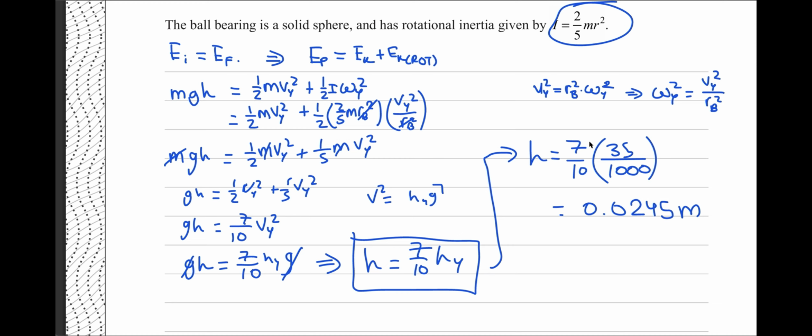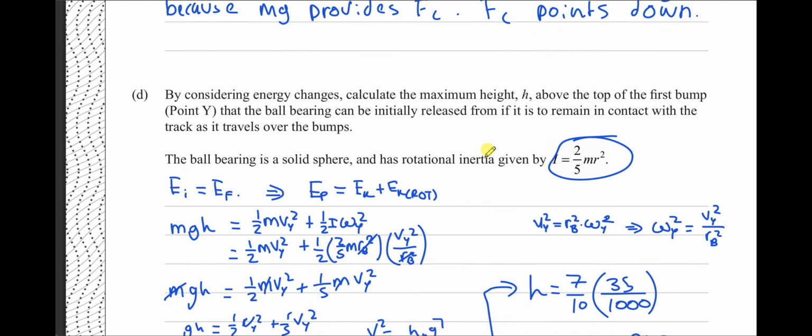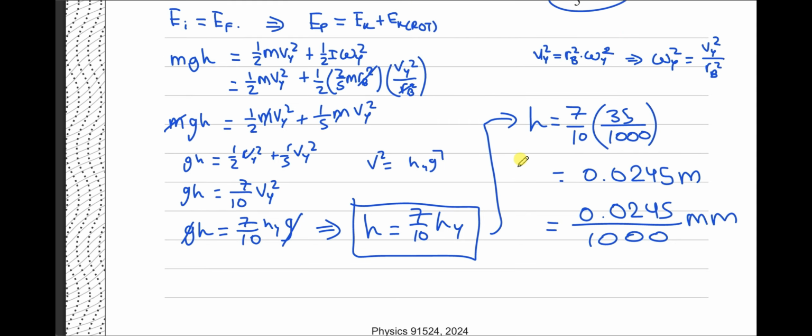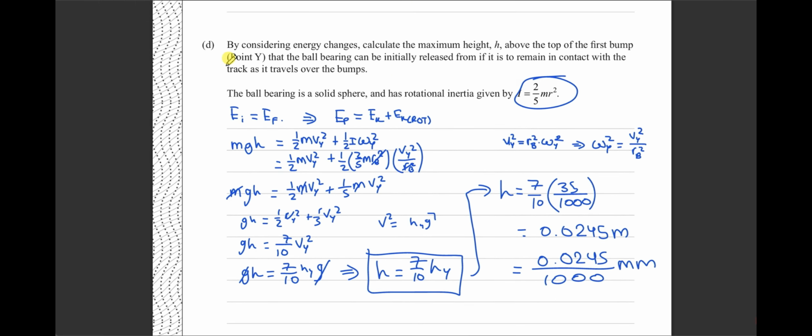Or if we convert that back to the initial units that they gave us in millimeters, that would be 0.0245 over 1,000, or I don't know, whatever that is. Yeah, okay, I'm not gonna bother writing that, so we can just leave that like that. So that's my answer for question D.